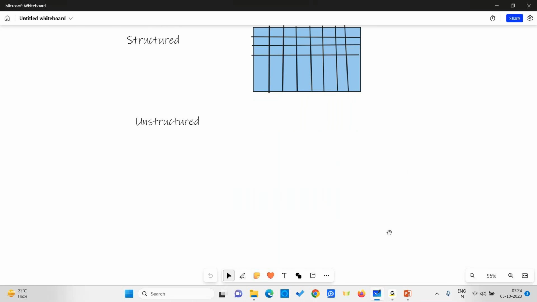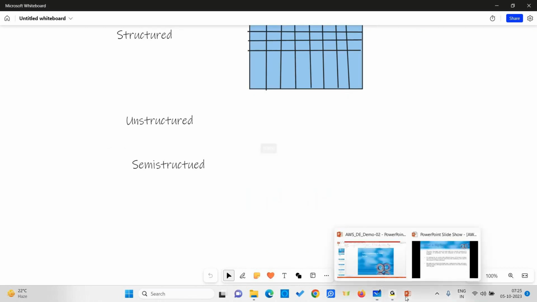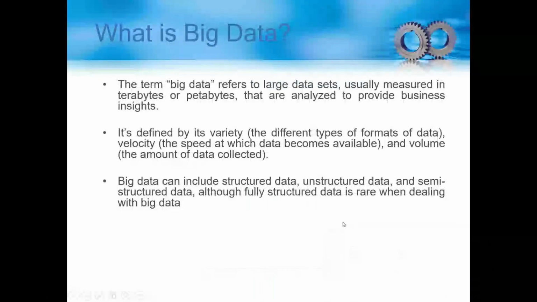And semi-structured data, like it contains some form of JSON format files, CSV format files. So those belong to semi-structured data. Okay, and these are the main three types of data. This big data can include these three types: structured data, unstructured data, and semi-structured data.